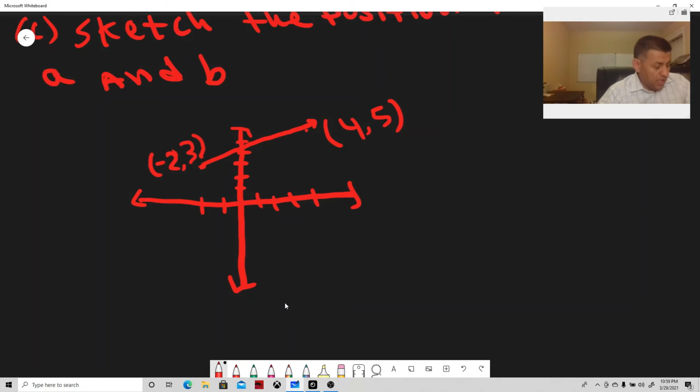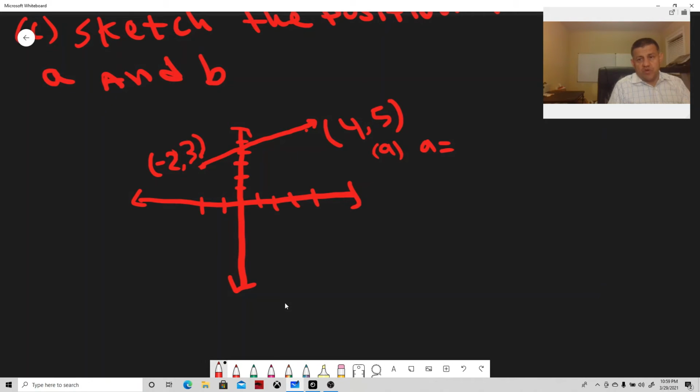But also, we need to find the other point, right? So now we will sketch that point, after we find the difference between those 2 points. And that is going to be originated from the origin. So let's do part A, right?